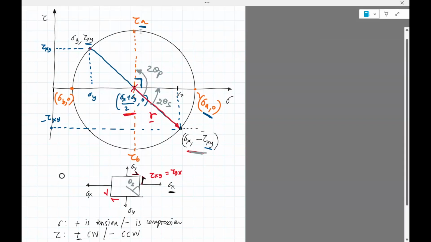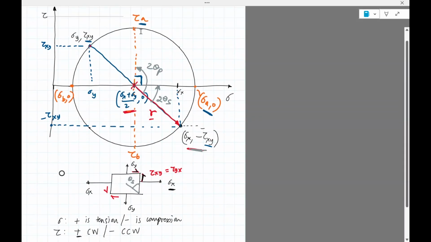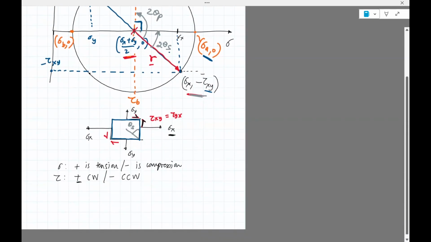Okay, the other key takeaway point from this figure is that each point on the Mohr's circle corresponds to an orientation. So when we had this point, it was this orientation for the rectangular element. When we looked at theta s, it's basically this rectangular element rotated by an angle of theta s.